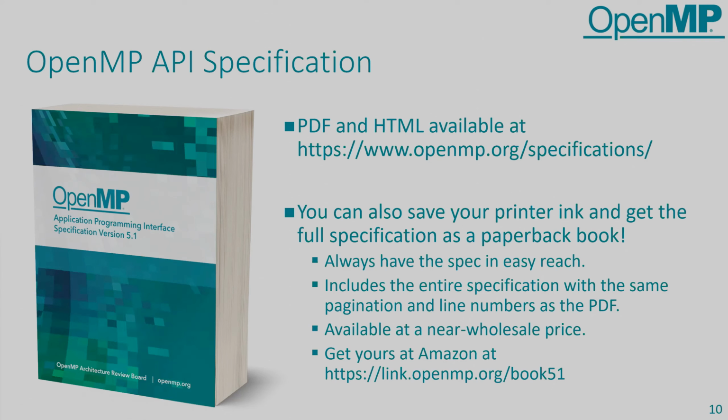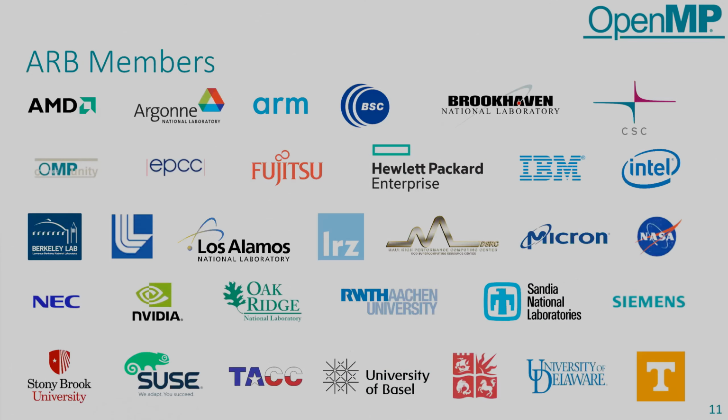And as promised earlier, I wanted to come back to our members. One of the things that the ARB has as an invaluable resource is the members that support us, that contribute to the OpenMP specification, that hand in proposals, and that put in all sorts of resources to help us develop the OpenMP language. This is just logos.